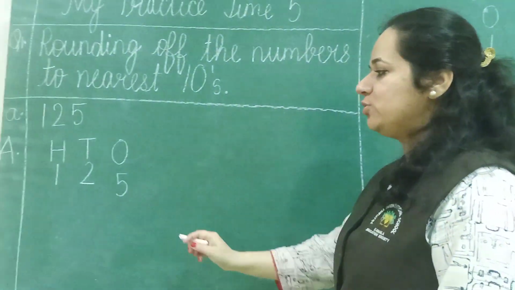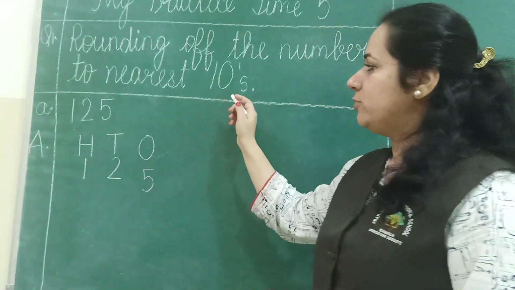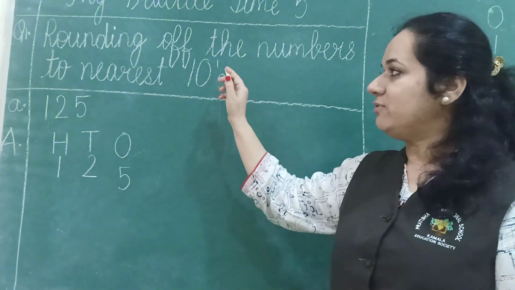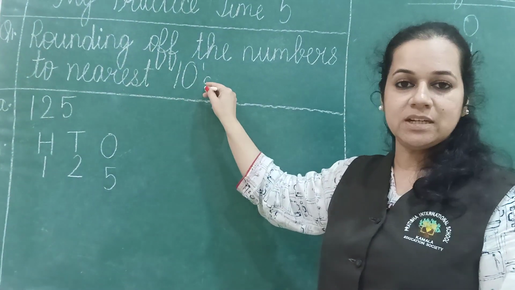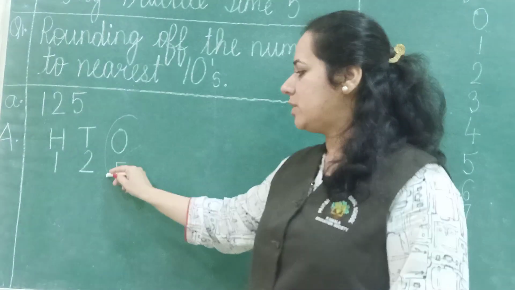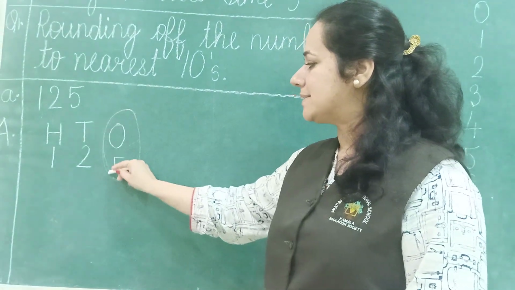Now when we have to round off the number to the nearest tens, we see the number on the ones place.